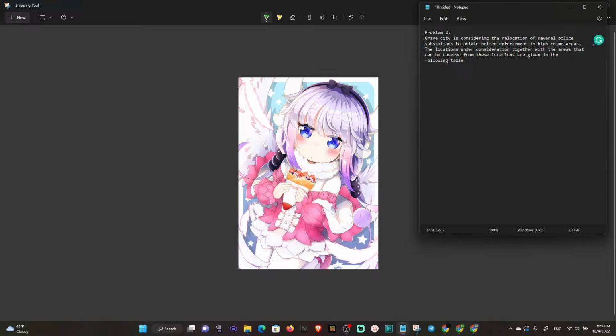Okay, so it'll be potential locations for substations, and then we go dash areas covered. Potential locations will be A, B, C, D, E, F, G. As for areas covered, we're gonna have a lot of areas covered. It'll be 1, 5, 7.